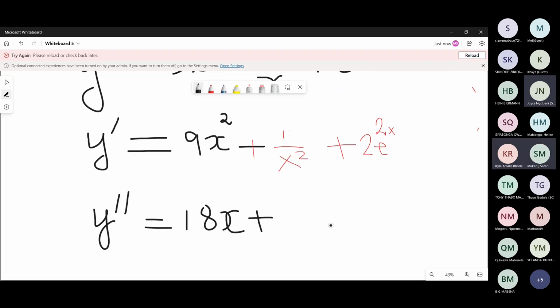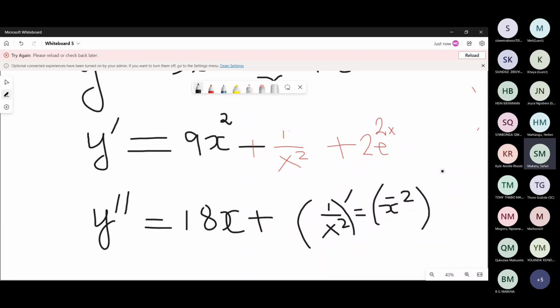Write it as x to the power minus 2, my power rule. 1 over x squared equals x to the power minus 2. Now, taking the derivative, how do you apply the power rule?